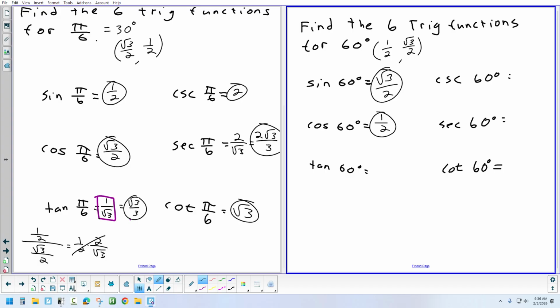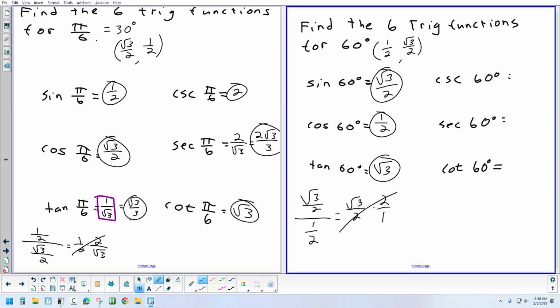And Lucas, could you tell me how I get my tangent? Square root of 3 divided by 2 over 1/2. Over 1/2. Okay, and what's going to happen there? We do square root of 3 divided by 2 times 2 over 1. Times 2 over 1. And what does that leave you with? Square root of 3.